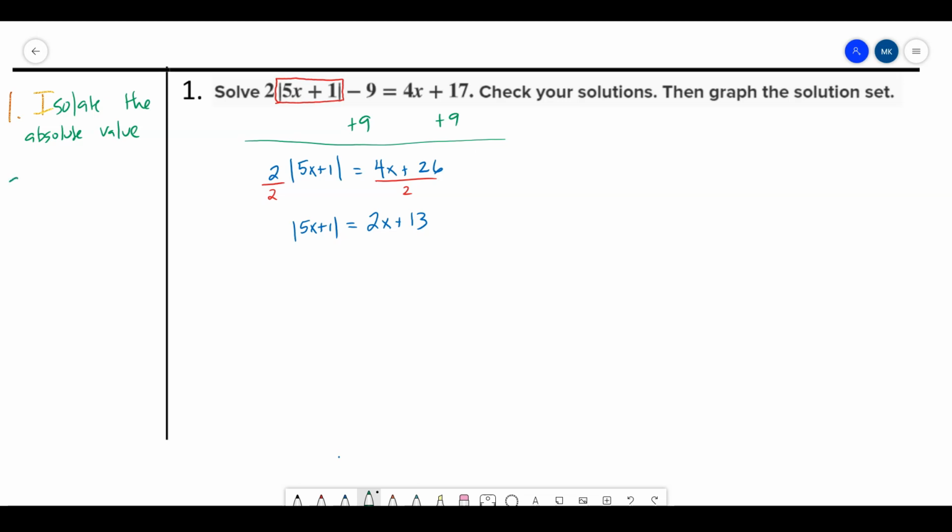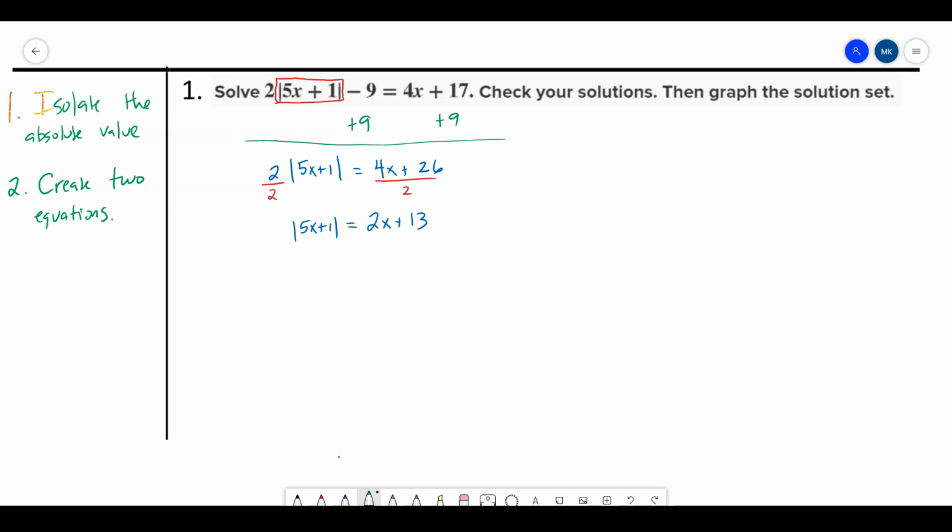Now the second thing to do is we're going to create 2 equations from here. We're going to create 2 solutions. Create 2 equations. Okay, because an absolute value is a distance. An absolute value you can think of as a distance from a certain point.